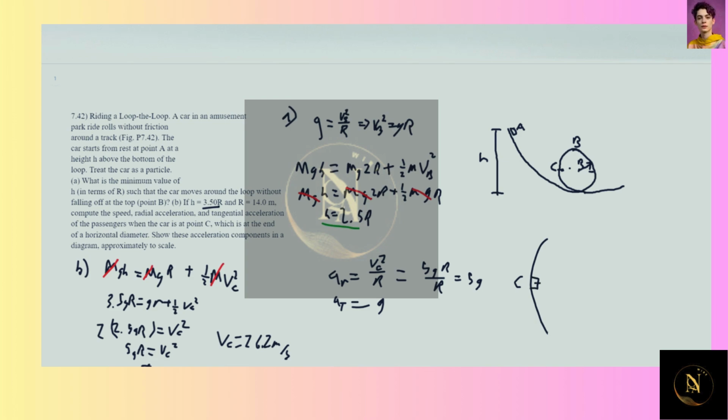Approximately to scale, we have 5g for a_R, and for a_T we have g. So here we have a high g force toward the center of the circle. If you have any experience being on a roller coaster, you definitely feel this force as you travel around the circle, a force pushing you toward the center of the circle.